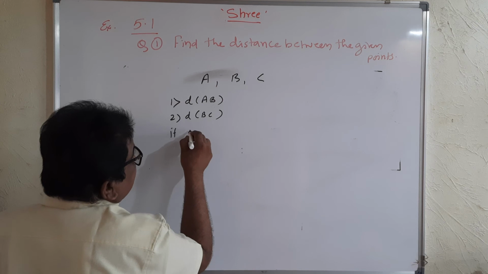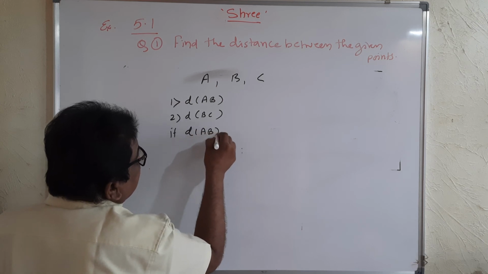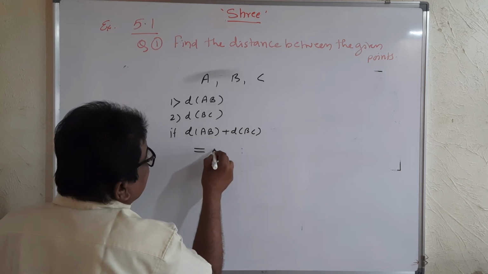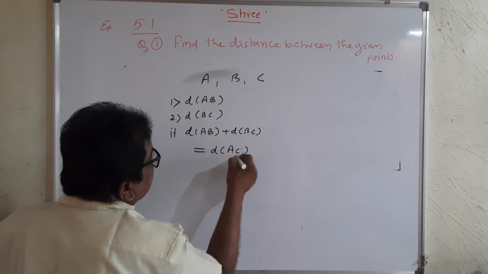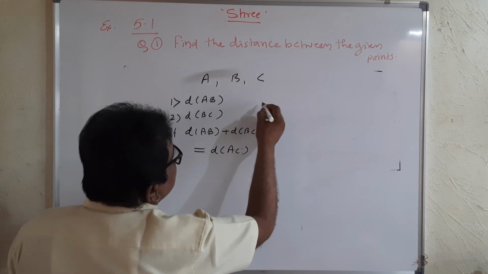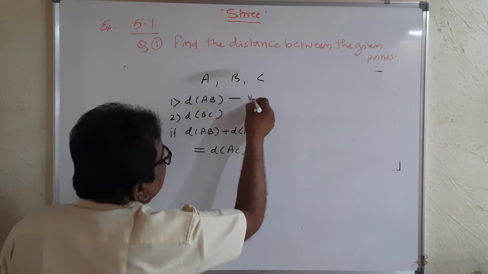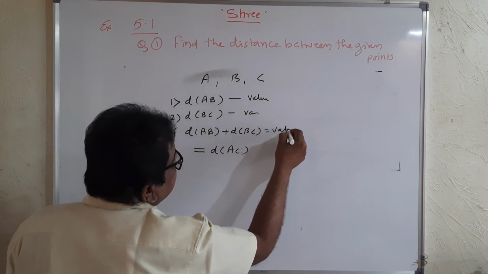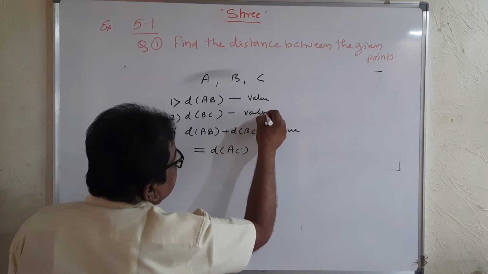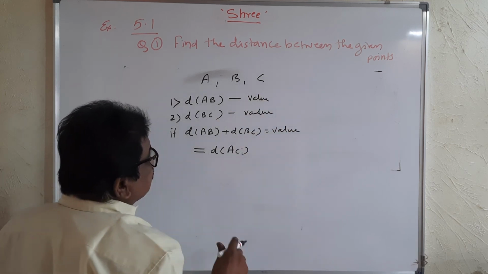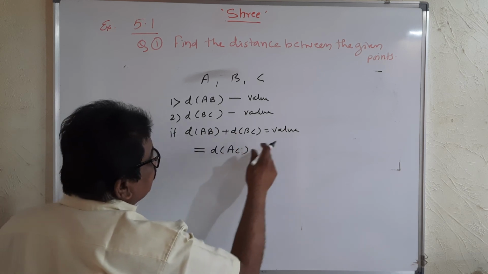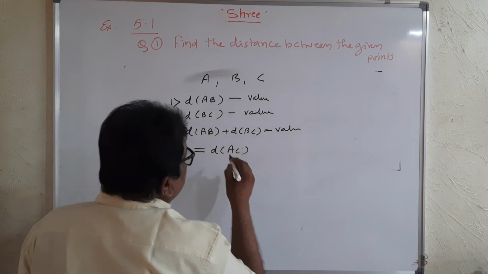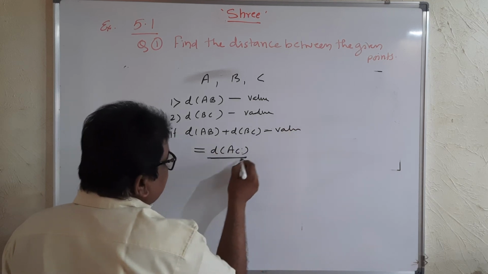The condition is: if distance AB plus distance BC is exactly equal to distance AC, you will get some values. When you add these two values, it should be equal to the value of AC.